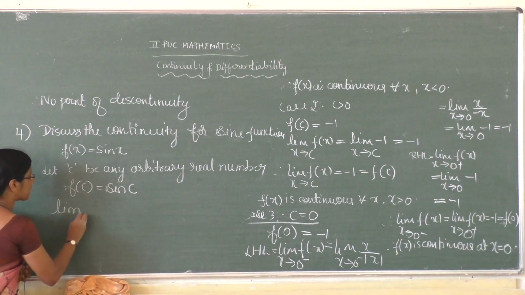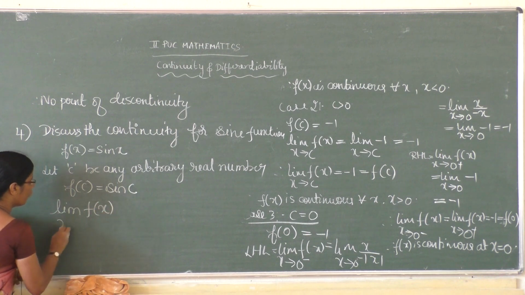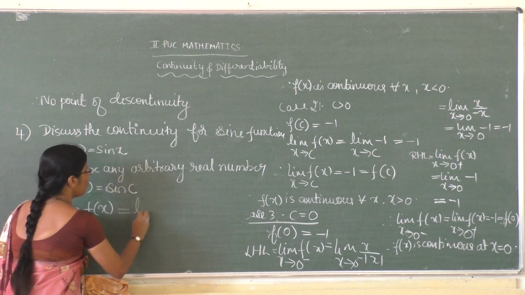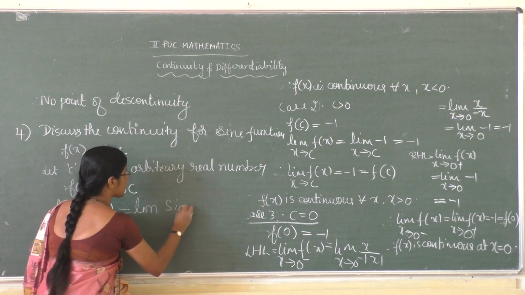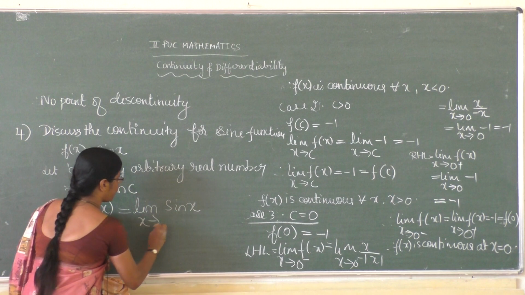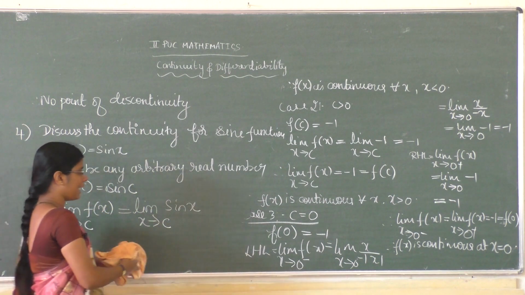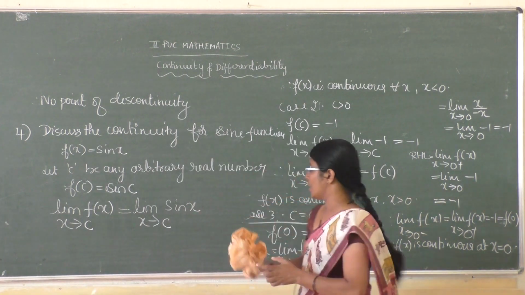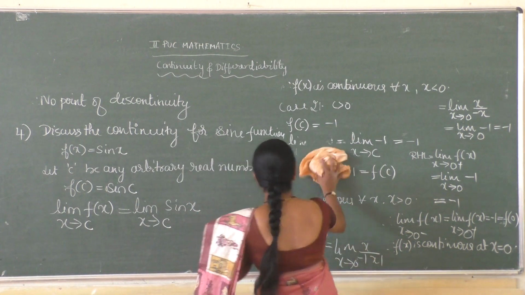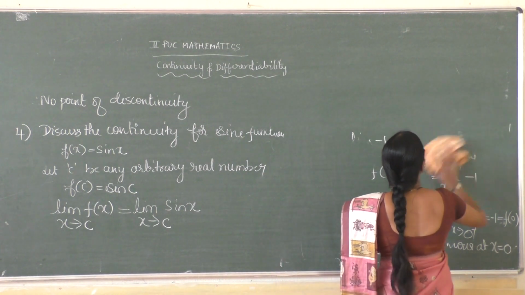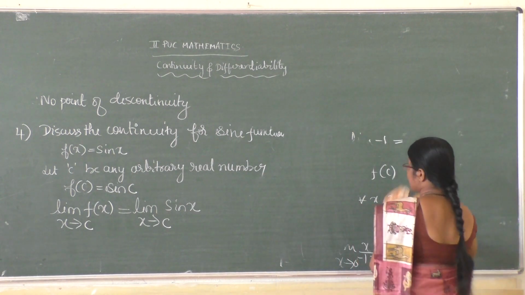Now you have to consider the limit of f of x as x tends to c. That is equal to the limit of sin x as x tends to c. For this we have to take a substitution, because we can't say directly that it is continuous. We have to give a proof that it is continuous.